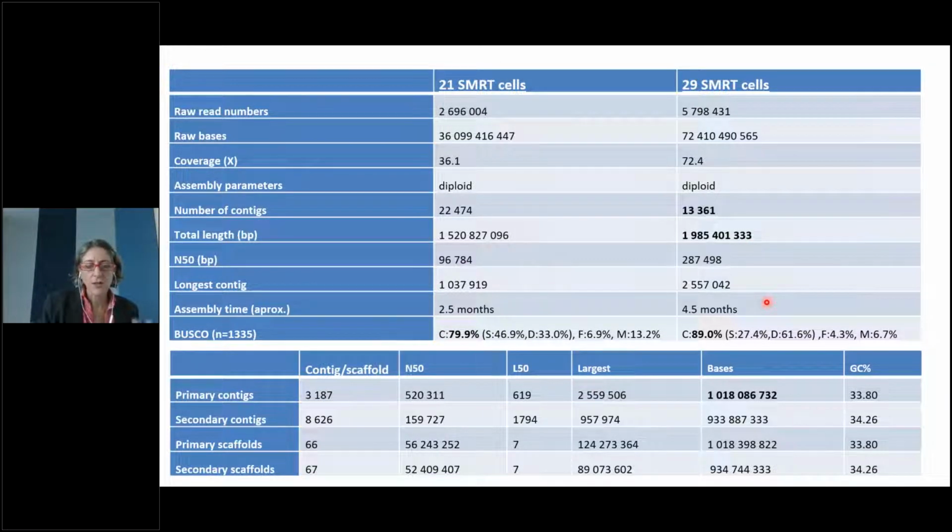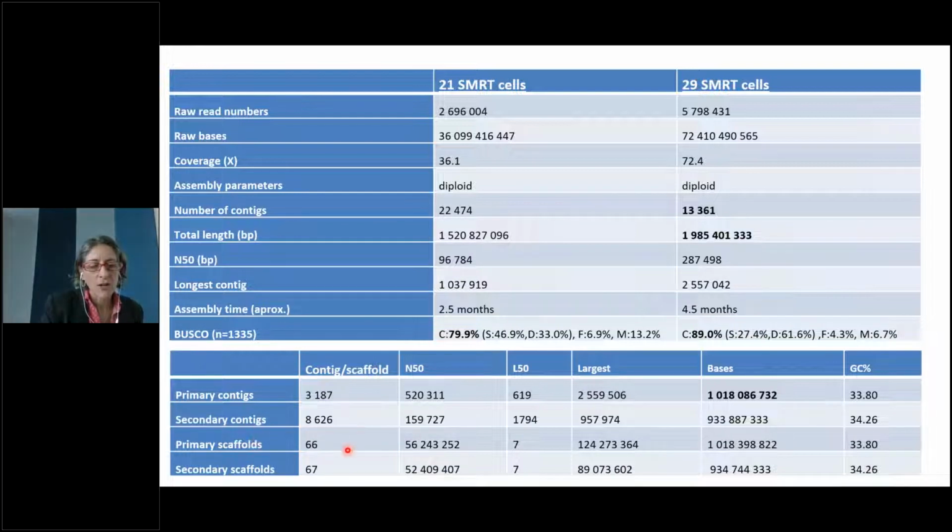That's the 2 haploid nuclei, right? And it took 4.5 months, by the way, running continuously, and 89% complete. So it's looking a lot better. I then separated the genome so that we had 2 separate haploid genomes, primary and secondary.